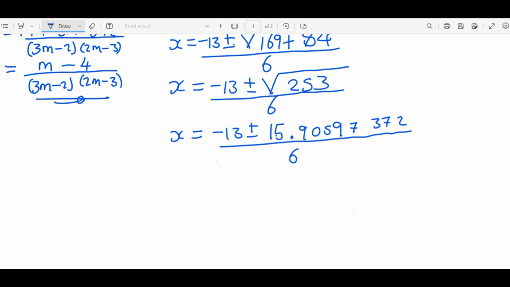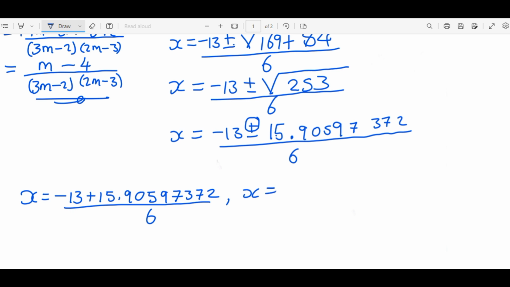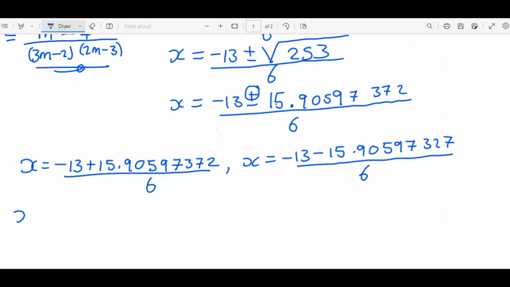One will involve the positive sign, then the other one the negative sign. So x is equal to minus 13 plus 15.90597372 over 6. Then the other equation will be negative 13 minus 15.90597372 divided by 6. From this point now, the calculator will do its work.